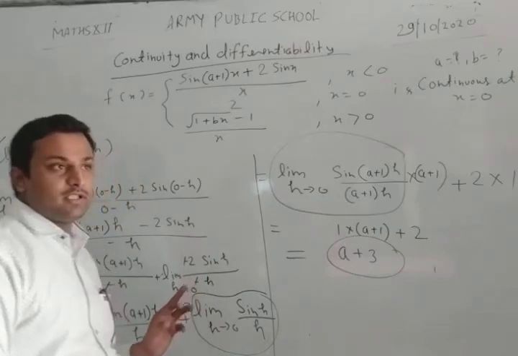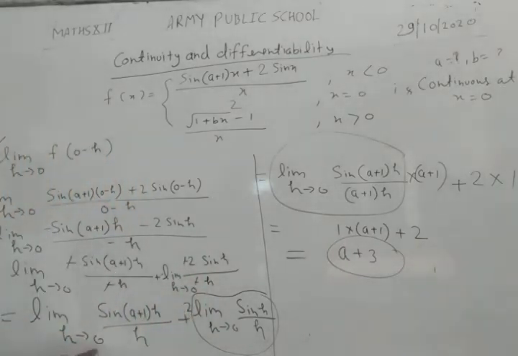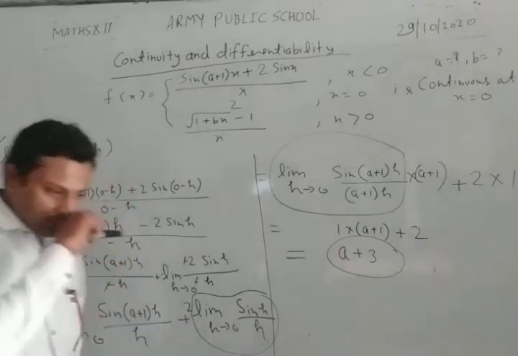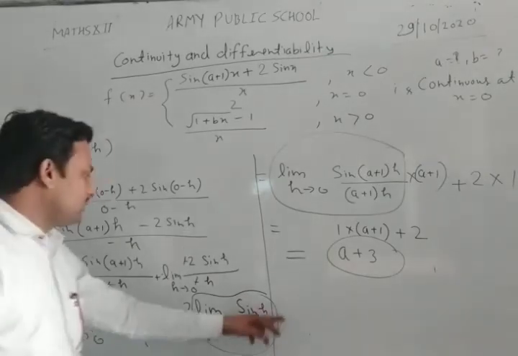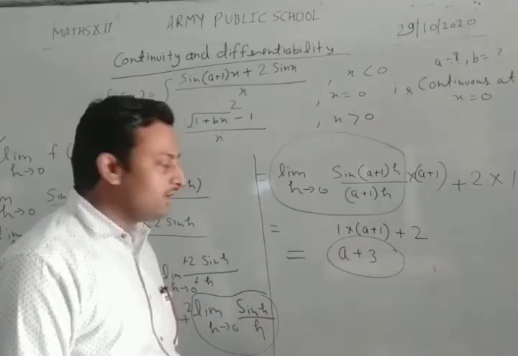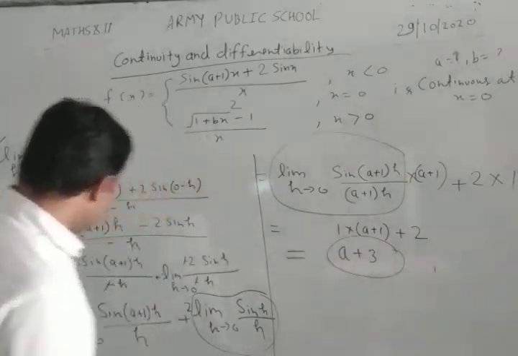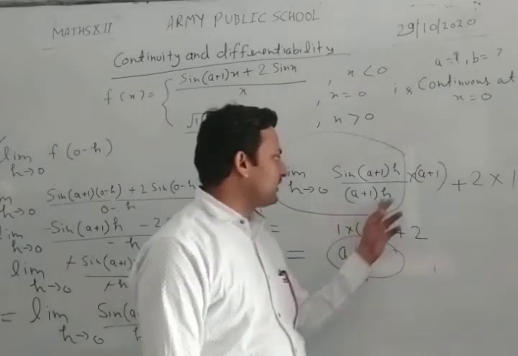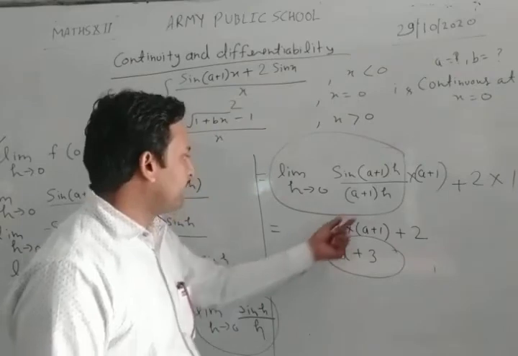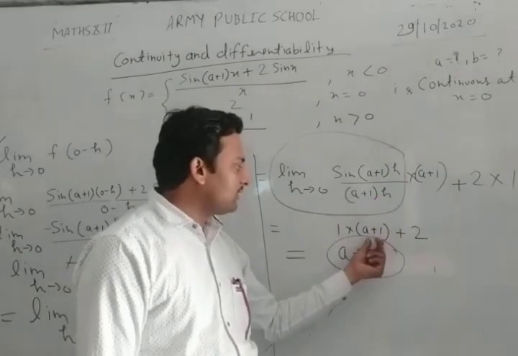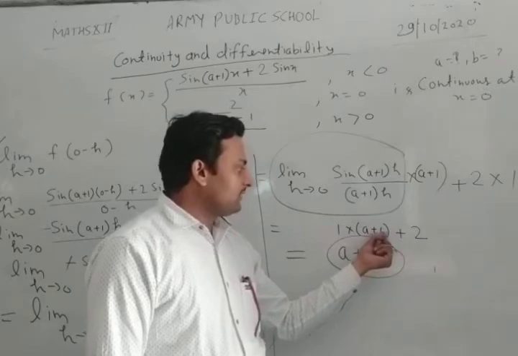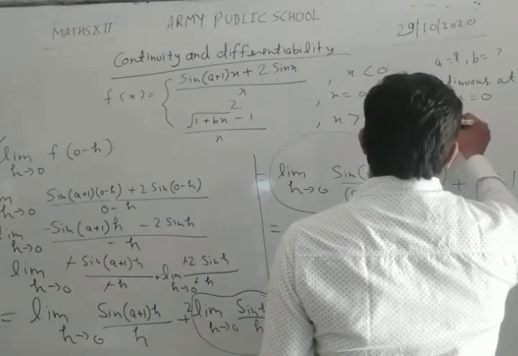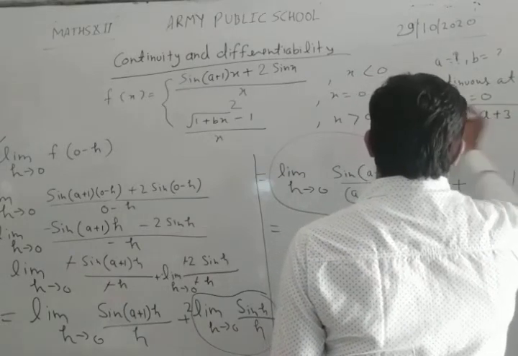This is a standard result, so its value will be 1. Multiplying and dividing by (a+1) for the first term, we again get 1, so the remaining part will be (a+1)+2, which is a+3. So our left hand limit is a+3.